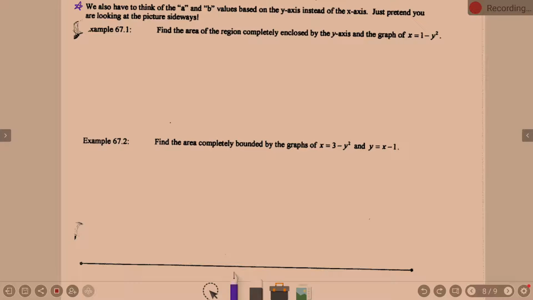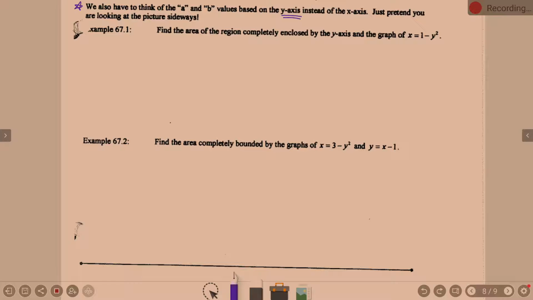Those are the numbers we are integrating between, right? So we also have to think of A and B values based on the y-axis instead of the x-axis. Pretend you're looking at the picture sideways. Normally our A and B values are x values. Now they're going to be y values, which they should be if you're working in terms of y.